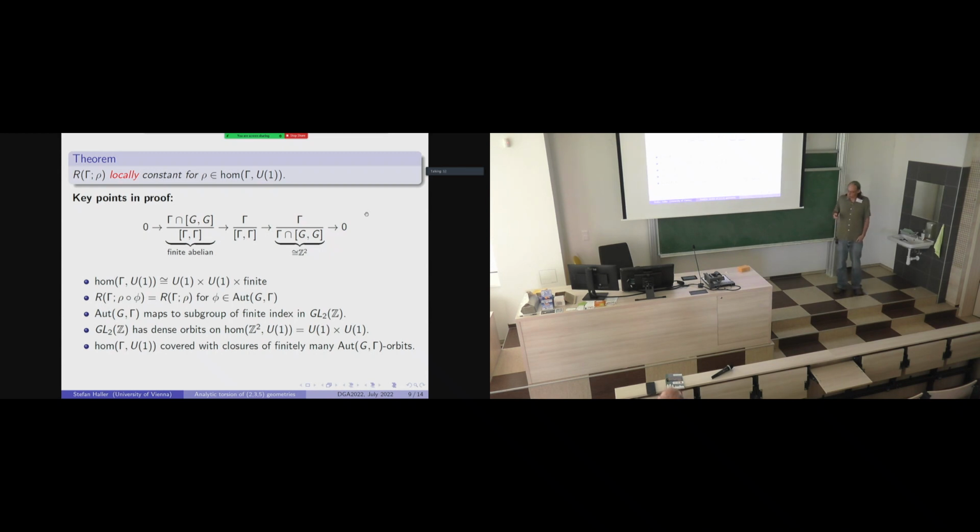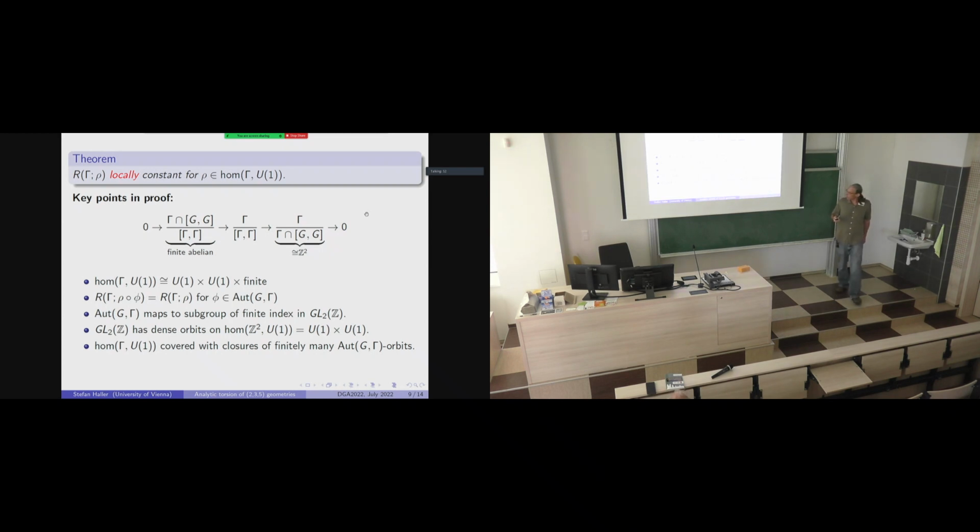And then there's a well-known fact, GL2(Z), when acting on R^2, has dense orbits. So GL2(Z) acting on U(1) cross U(1) will have dense orbits too. And the upshot is that we can cover this space of one-dimensional representations with finitely many orbit closures under the group of automorphisms preserving the lattice.